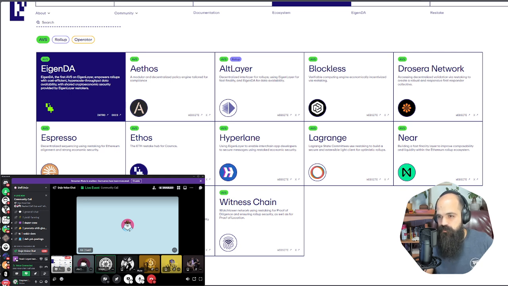So there's a remarkably lower lift to launch a chain. You want to launch a chain, AltLayer allows you to do that pretty quickly. Same goes for Dymension: theoretically you could get your DA from Celestia. You could also technically get security from Celestia, but I haven't heard that narrative very much.